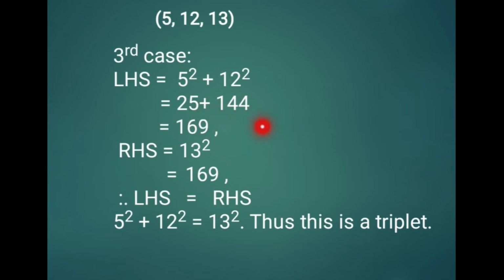After adding these two numbers we get 169, and we find the square of 13. So the square of 13 is 169. So from this we can say LHS and RHS are the same. Therefore 5 square plus 12 square equals 13 square. Thus this is a triplet.